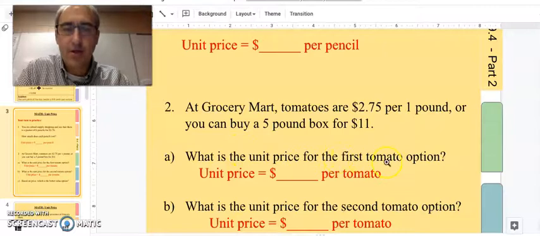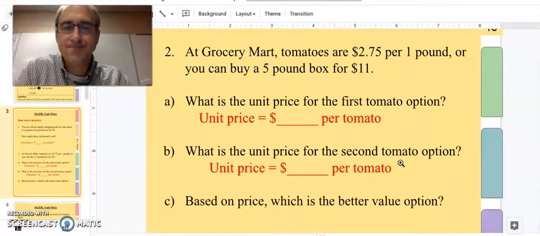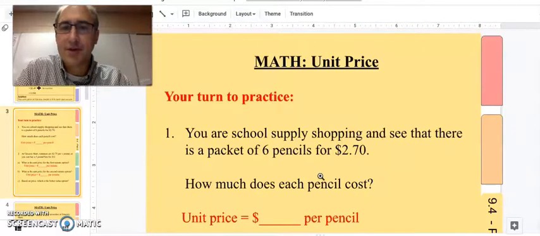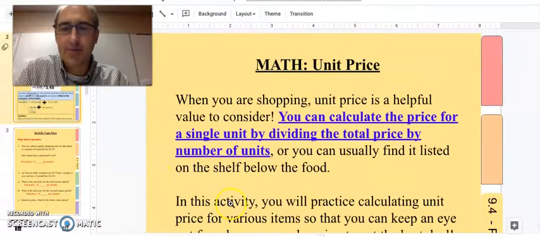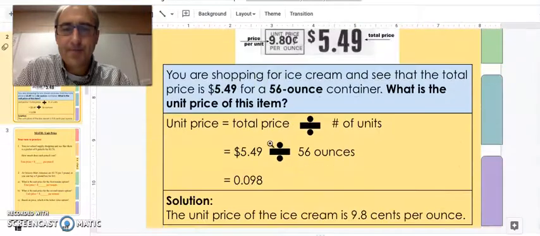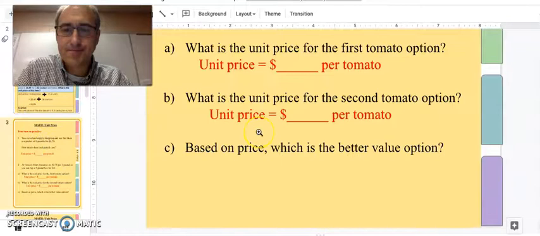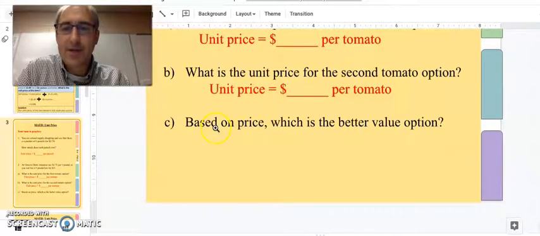What is the unit price for the first tomato option? What is the unit price for the second tomato option? If you need to refer back to the math on the page before, total per unit, please do so. And then you're going to answer C, based on the price, which is the better option. You're going to answer down there.